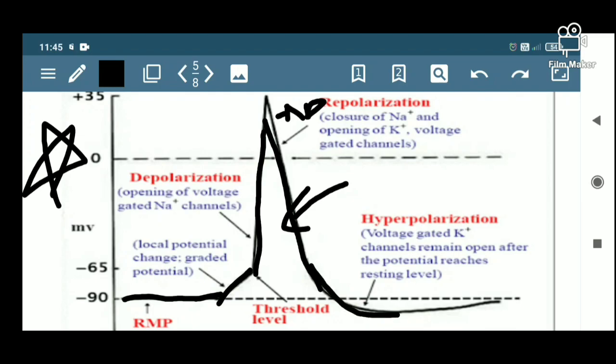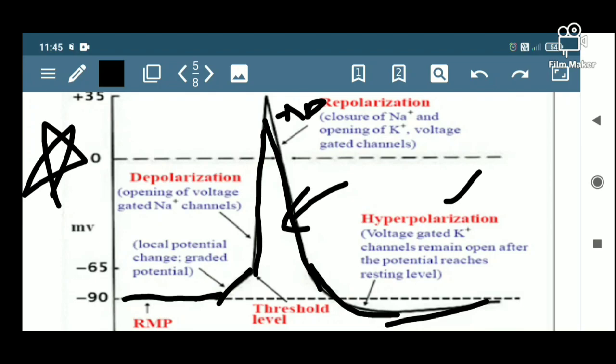So it leads to a decrease in the potential, so it leads to hyperpolarization. Please draw this graph in your exam so that you can get some extra points. So we completed the three stages, the development of end plate potential.